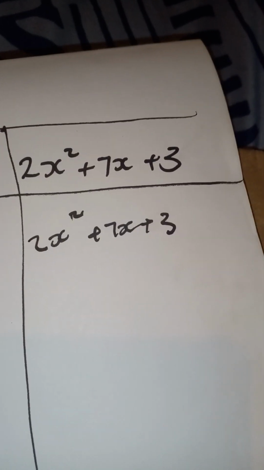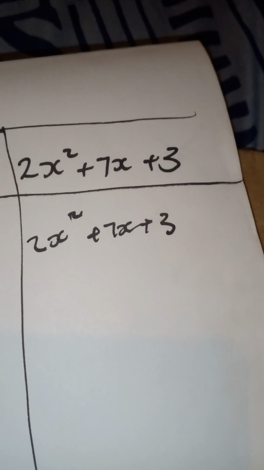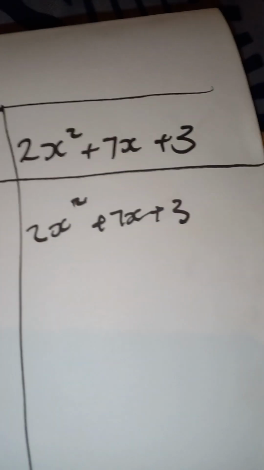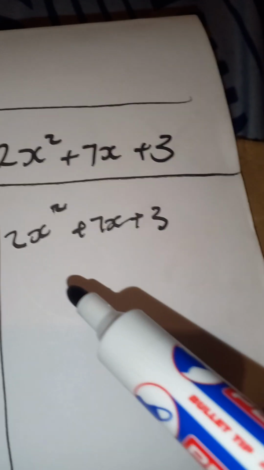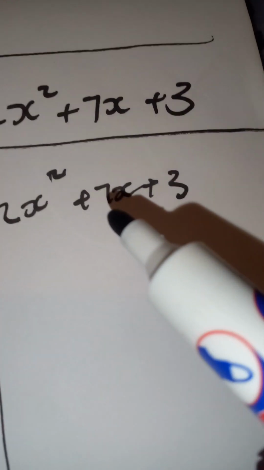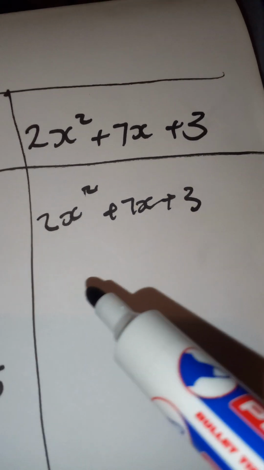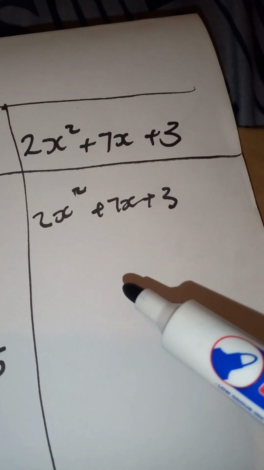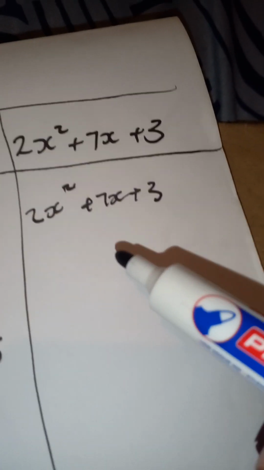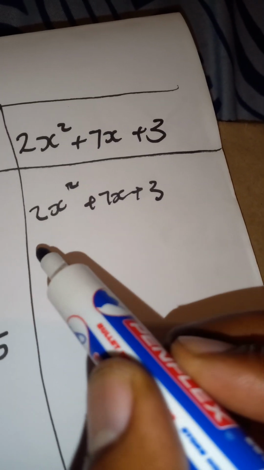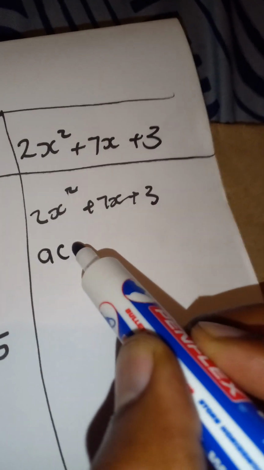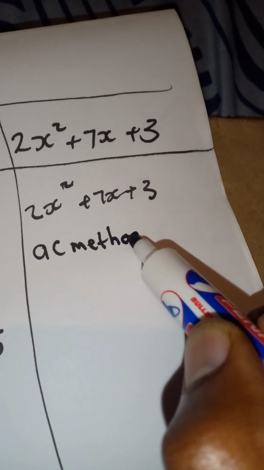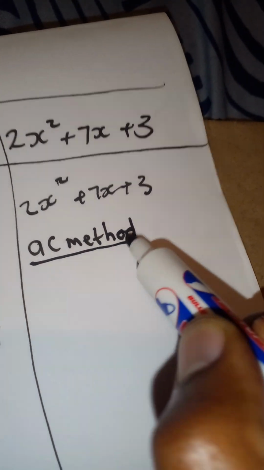Yes, we can, but we're going to get a decimal, and it's going to be very challenging to deal with decimals. So if you cannot find a common factor that simplifies the whole expression, guys, what do you do in this case? That is when we are going to use our AC method.